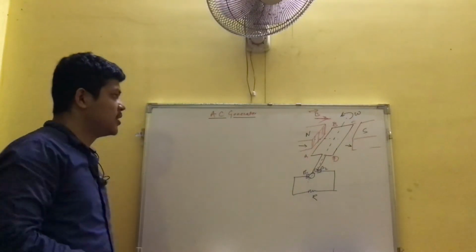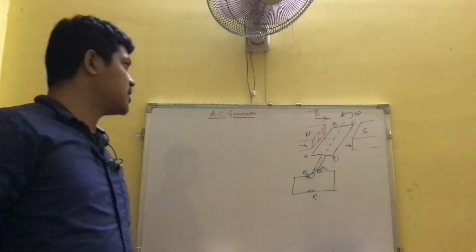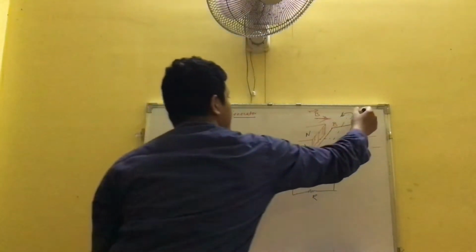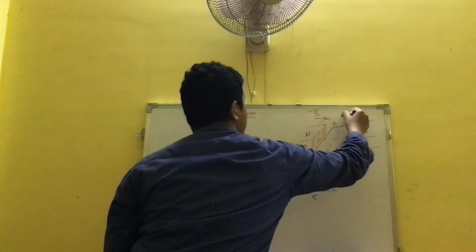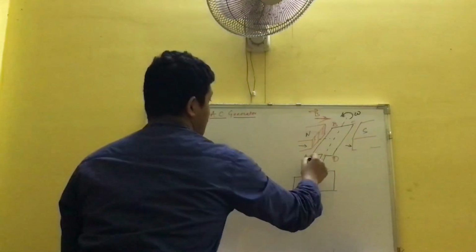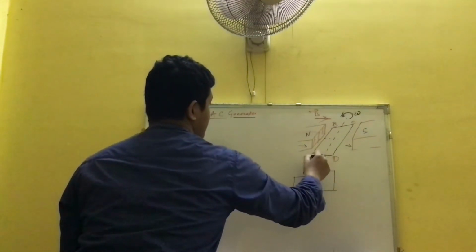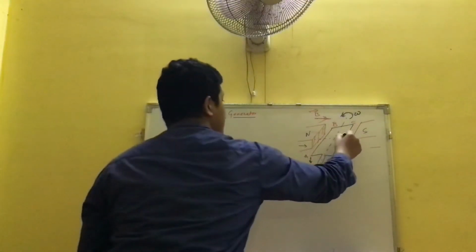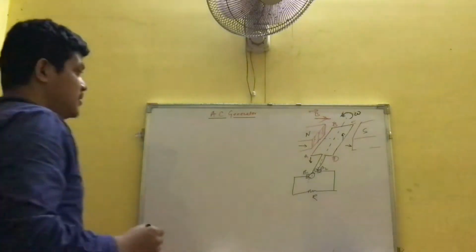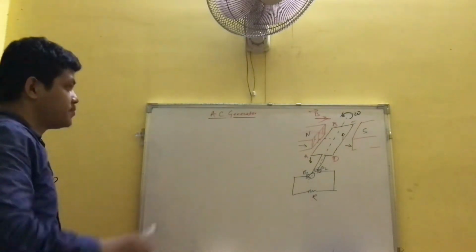Now here you see, this coil is being rotated with angular velocity omega. It is being rotated in this direction. So this AB arm is pushed downward and the other arm is pushed upward. Right.